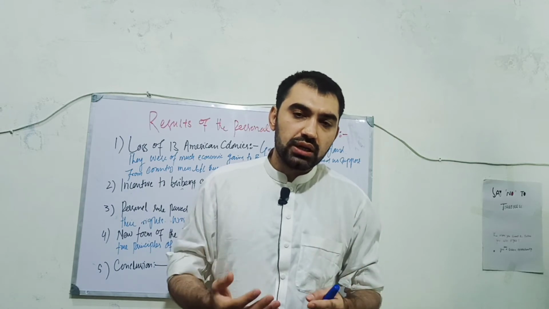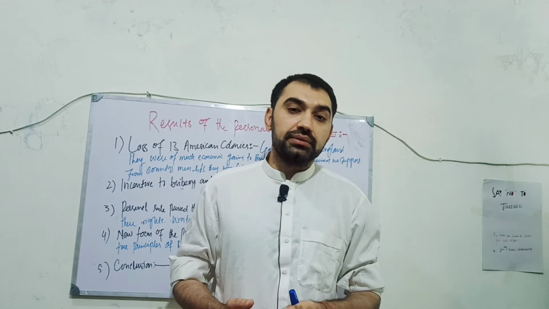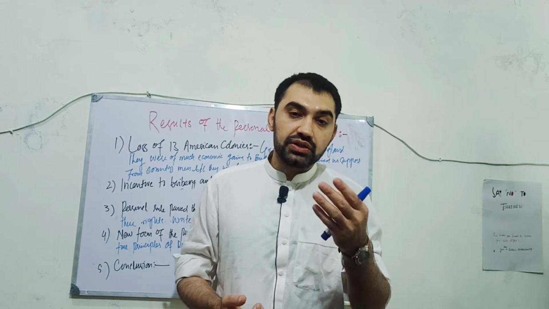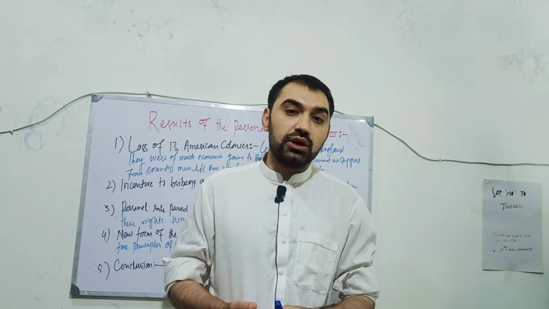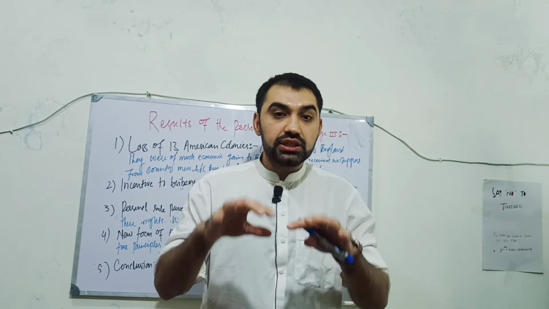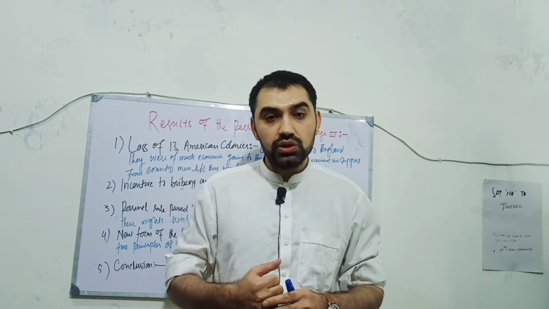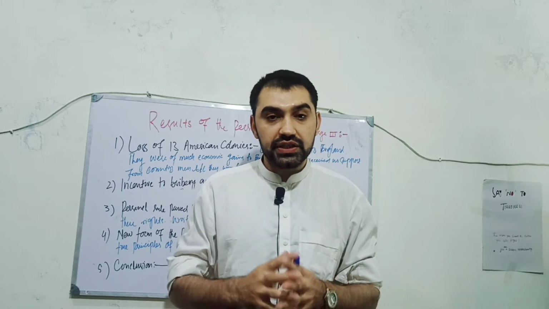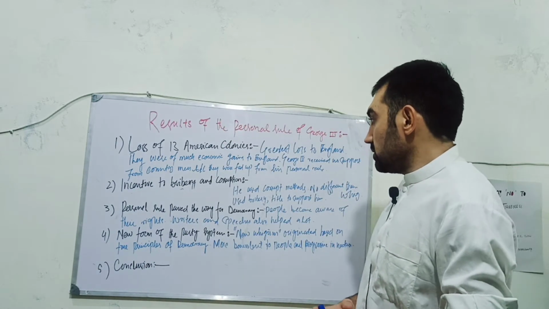They also had colonies in the Far East Asia, the Australian continent. New Zealand was also their colony. So all these colonies were there, but these 13 American colonies were of really great significance for England.